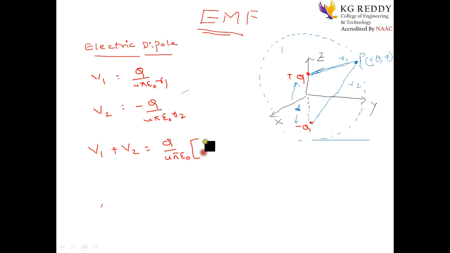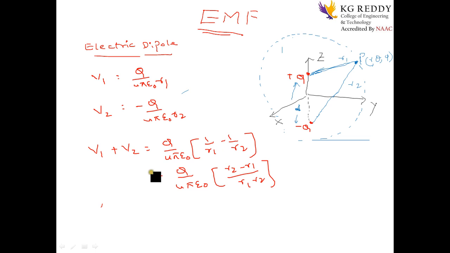So finally I will write 1 by R1 minus 1 by R2, which becomes Q by 4 pi epsilon times R2 minus R1 by R1 R2.